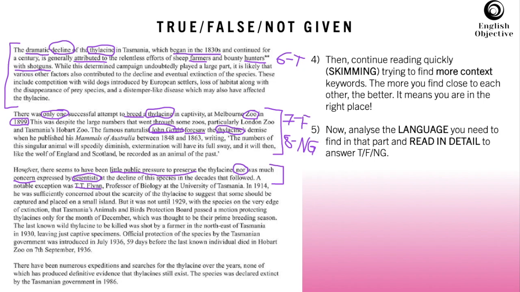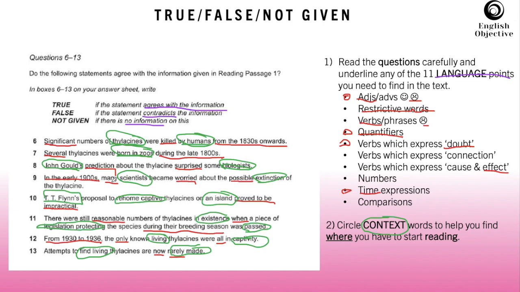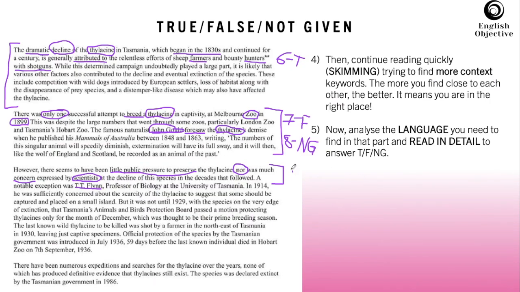So I do have the language point, adjective with negative connotation. In this case, it is a noun with negative connotation. It's paraphrasing the same language point expressed by scientists. So basically, no concern by scientists. Not many scientists. So that is false.